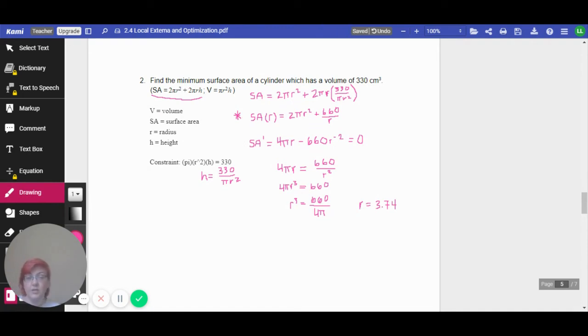So the surface area then is going to be 2 pi times 3.74 squared plus 660 divided by r, 3.74. And I get a surface area of, to 3 sig figs, 264.